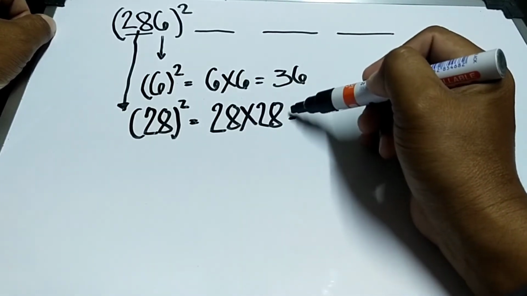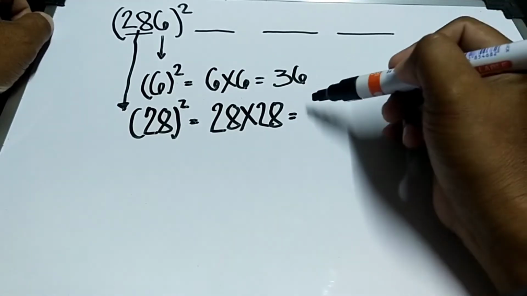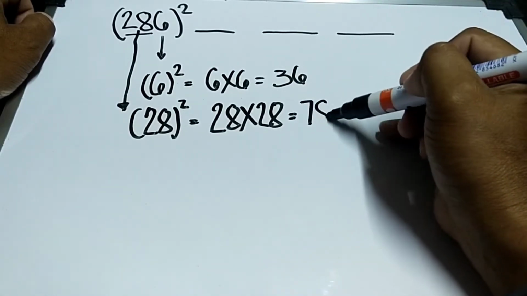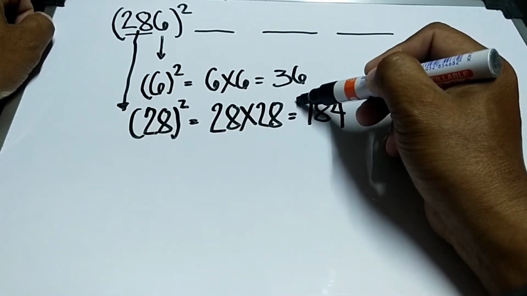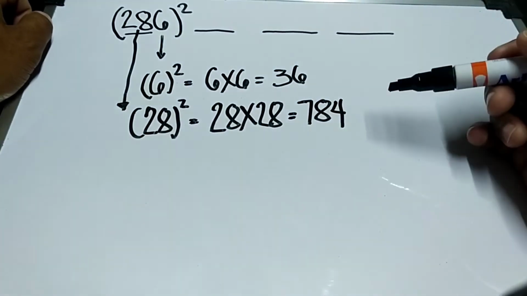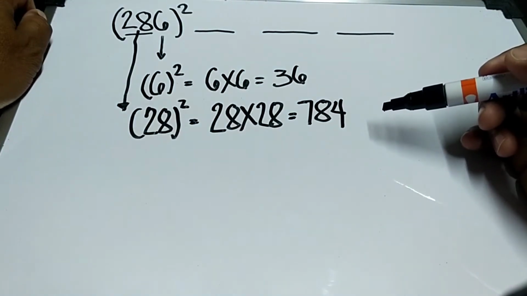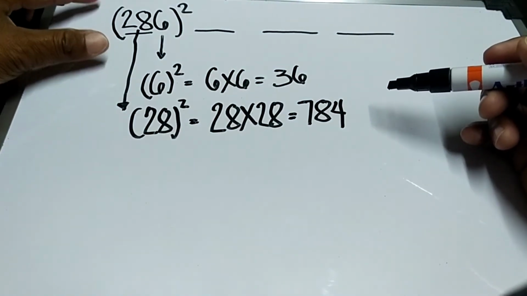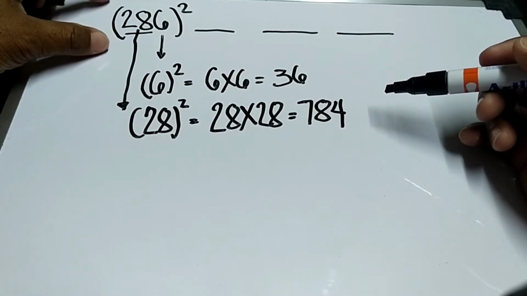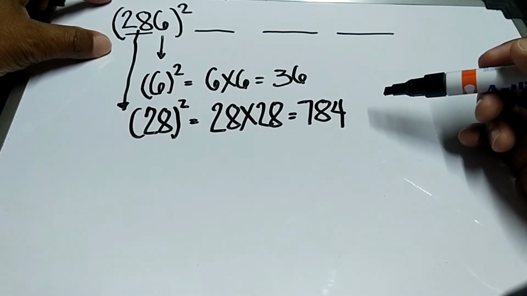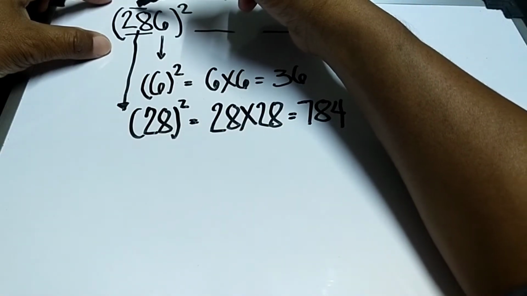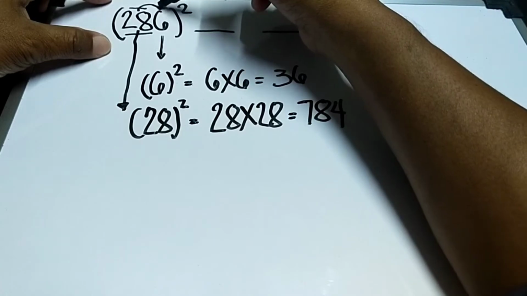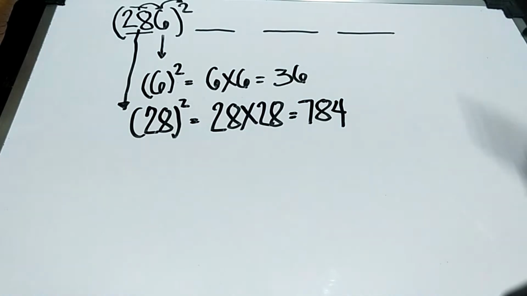Okay, this is equals to 784. Okay, did you get the same answer? Okay, very good. And then the next step we can do is multiply these 2-digit numbers 28 to 6 and then multiply to 2.